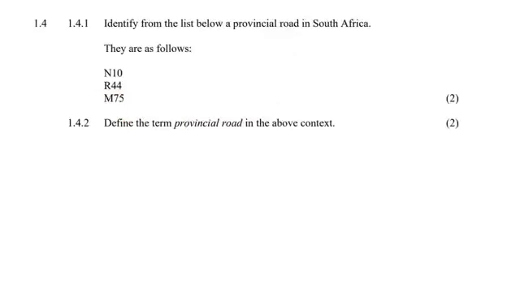Identify from the list below a provincial road in South Africa. Okay, now we've got these letters N, R, and M. Let me quickly give you a summary. N stands for national. Those are like the biggest kind of roads, like the N1, the N2, and you can use those roads to go pretty much all over South Africa. Then you get a little bit smaller, we get R, which stands for provincial.